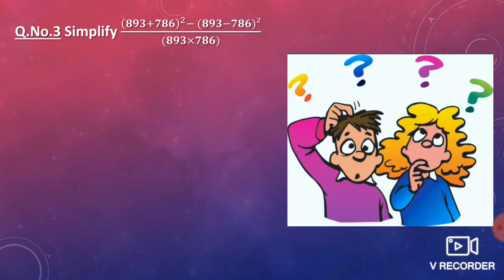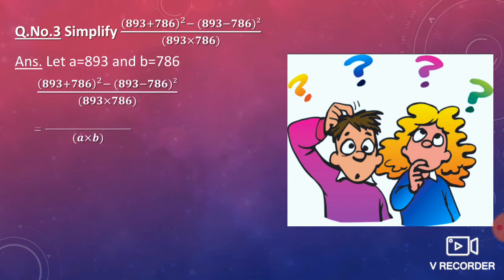So let's replace that as a and b. So a equals 893 and b equals 786. So let's implement on this. It will become a plus b the whole square minus a minus b the whole square, whole divided by a into b.